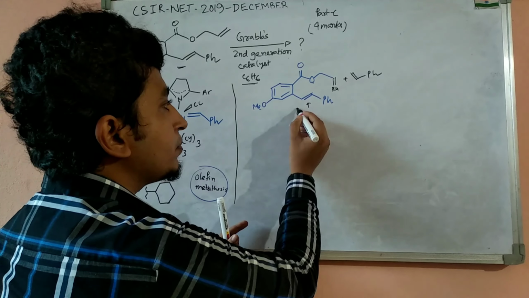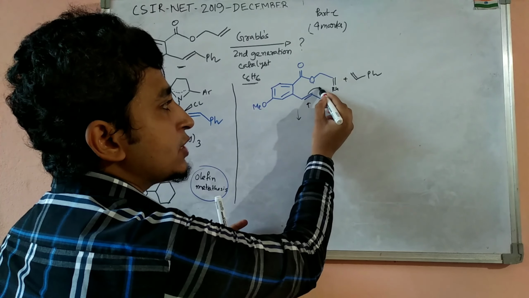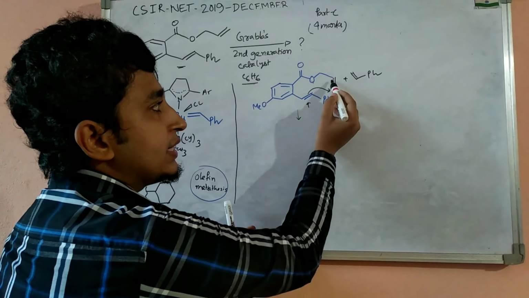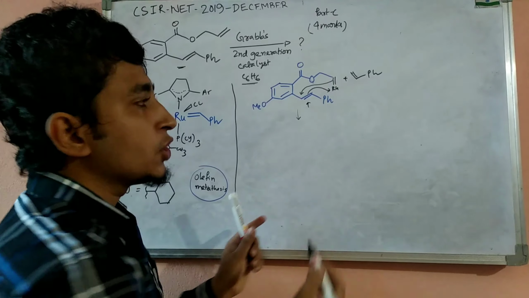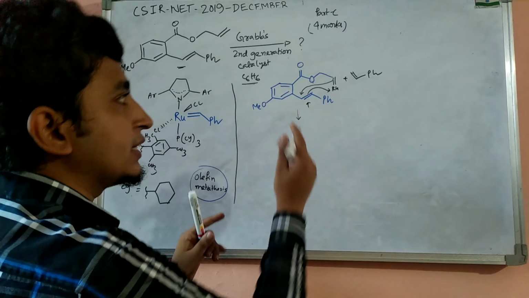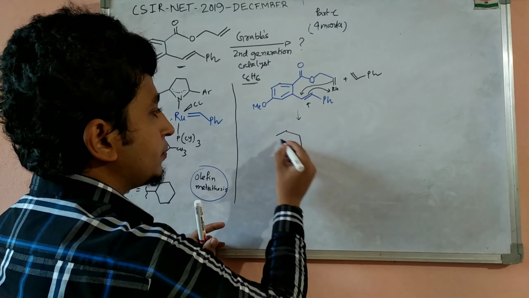So guys, what will form? It will react like this. This will react here, and this double bond will open and it will react here. So a four-membered intermediate will form in this case. So it will form this one.